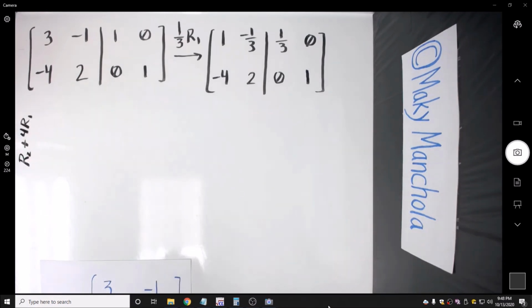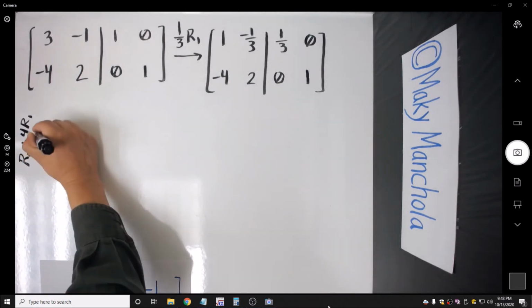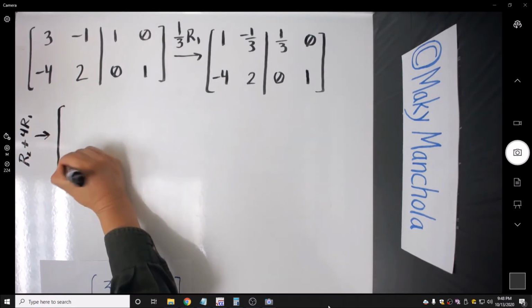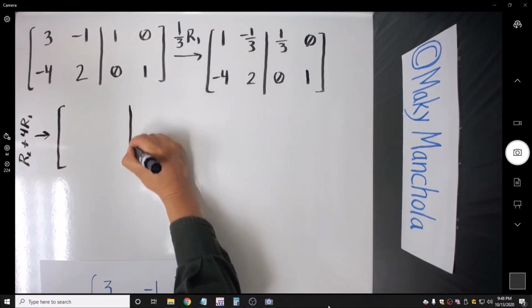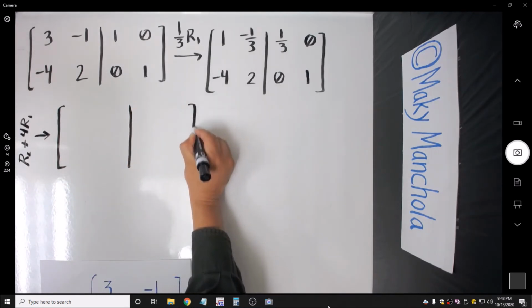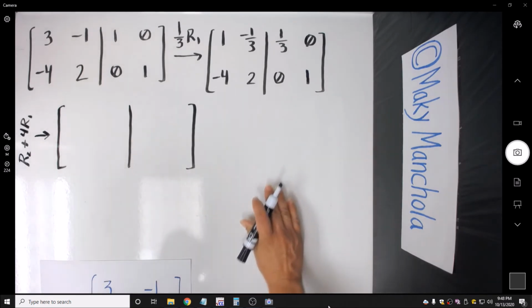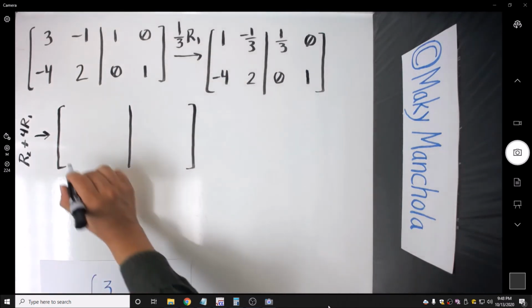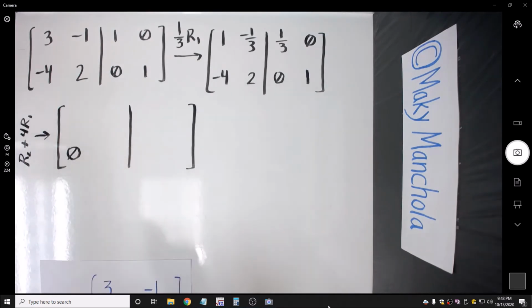And that will replace the second row. Okay, so let's begin. -4 plus 4 is 0. Mission accomplished.